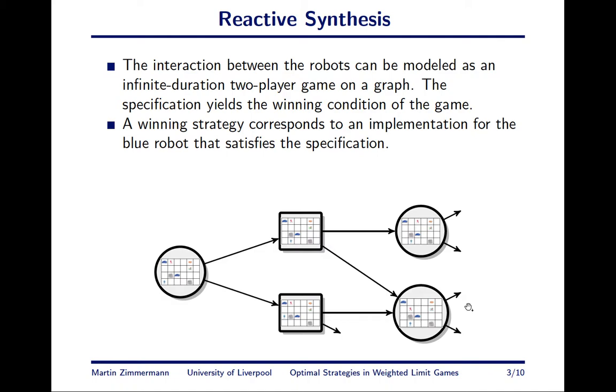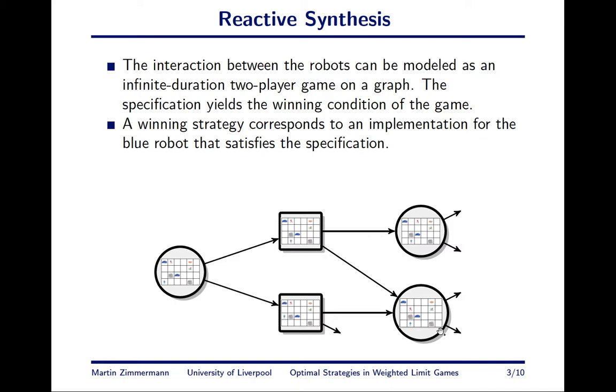This infinite duration game is played as follows. We place a token at the initial vertex, and then the player whose turn it is moves the token to some successor. Here, the circle player, also called player 0, moves the token to either this or that successor. Then it's the turn of player 1, the square player, who moves the token to some successor. Thereby we build an infinite path through this graph, sometimes called an arena, and this gives a play.